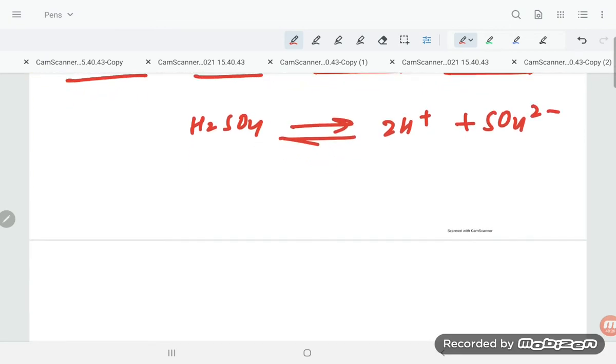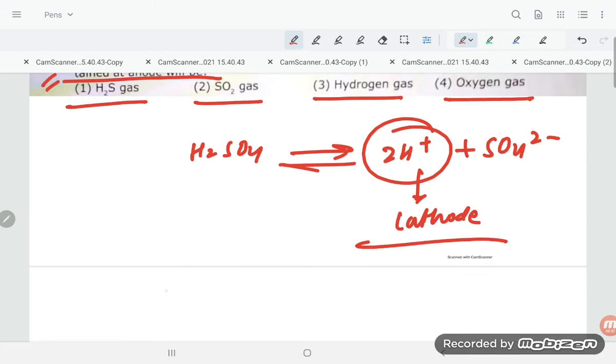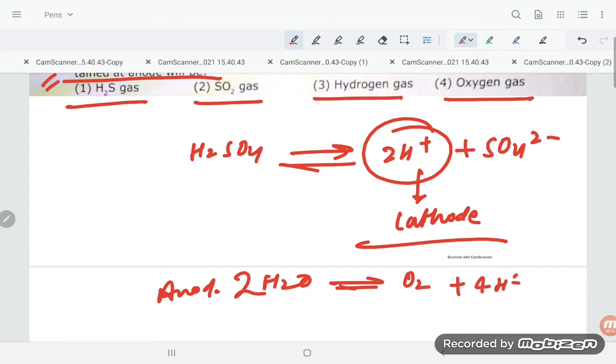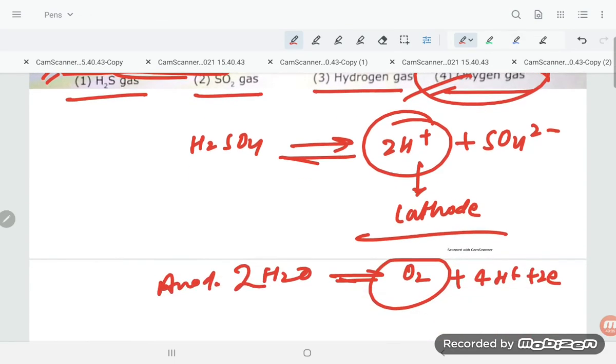Hydrogen will go to the cathode. At the anode, water gives O2 plus 4H plus plus 4 electrons. So O2 will form at the anode. The product obtained at the anode is oxygen gas. Correct option is option number 4.